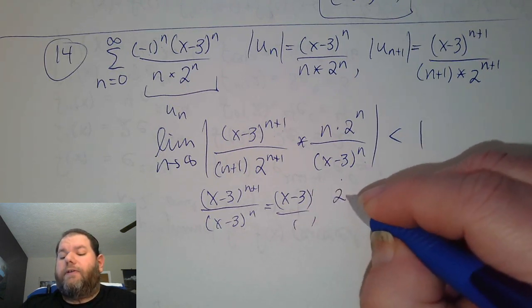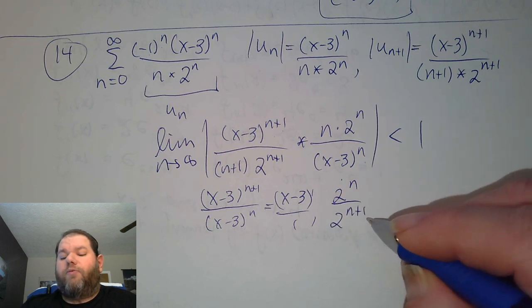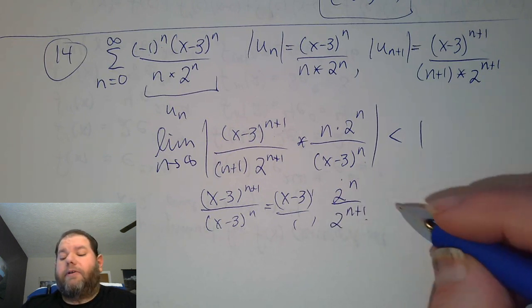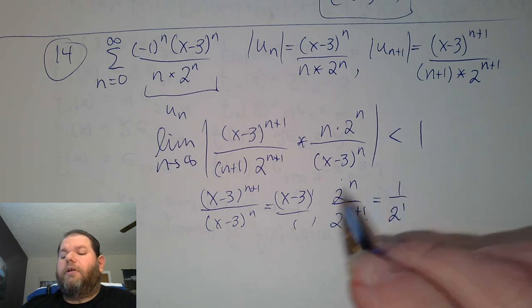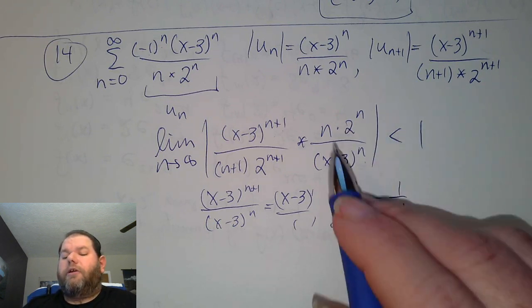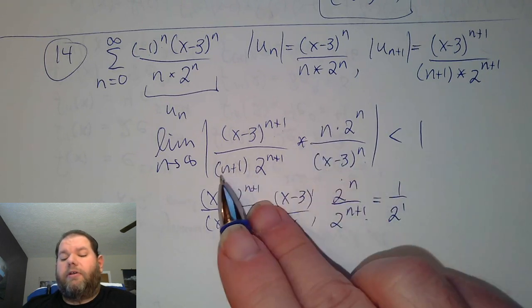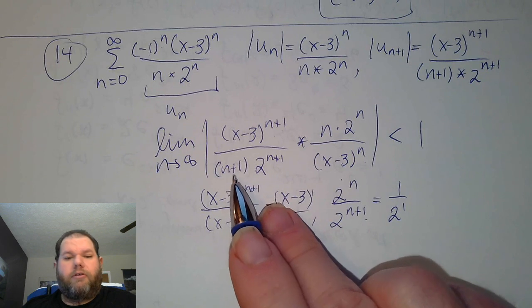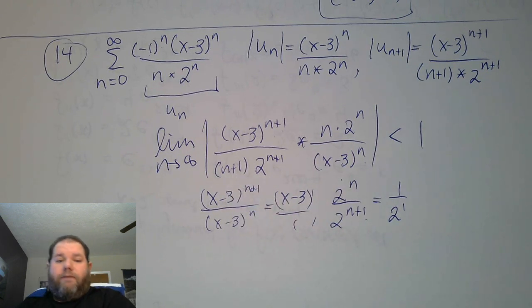Our 2 to the n's, 2 to the n over 2 to the n plus 1. We actually have one more on the bottom than we have on top. So it's 1 over 2 to the first. And then n over n plus 1 cannot be simplified. We cannot cancel parts of polynomials without canceling the entire term, or entire factor of the term.